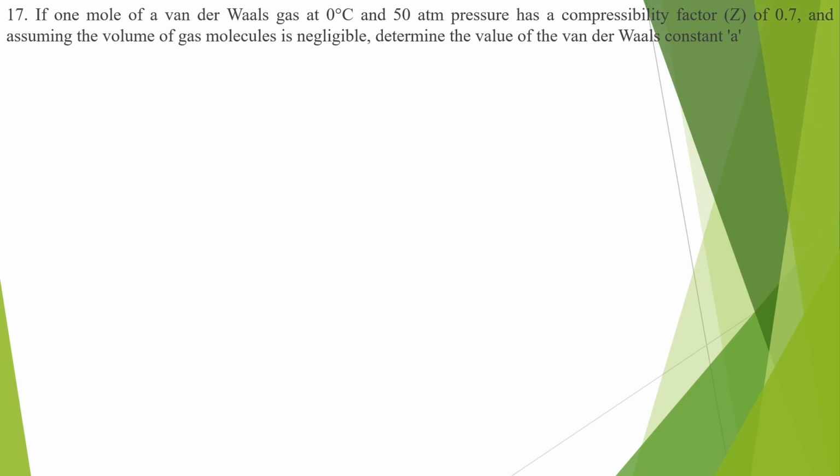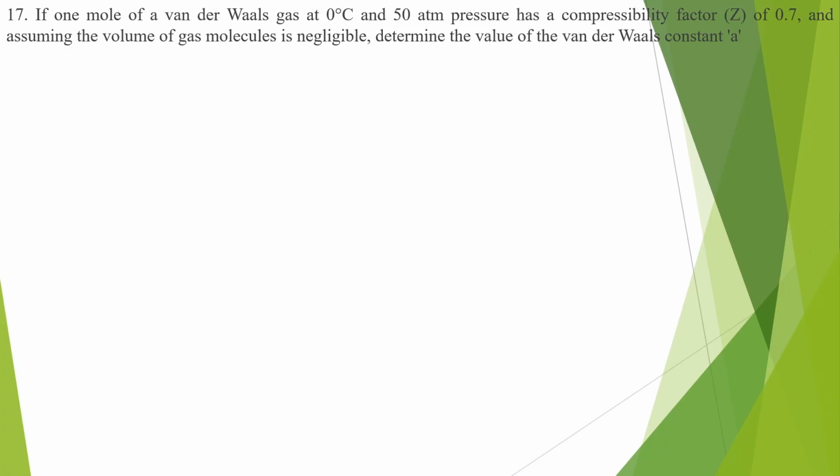Problem number 17 says, if 1 mole of a van der Waals gas at 0 degree Celsius and 50 atmospheric pressure has a compressibility factor Z of 0.7, and assuming the volume of the gas molecule is negligible, determine the value of van der Waals constant. So, compressibility factor, we know the expression for compressibility factor is Z is PV by RT.